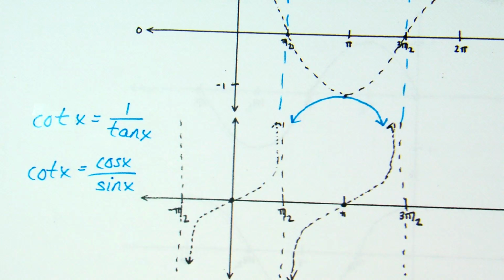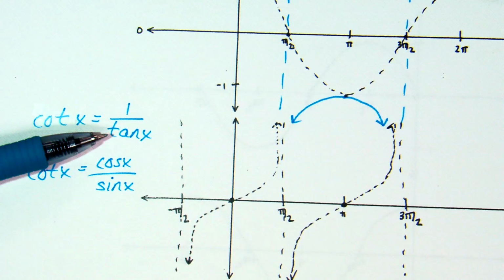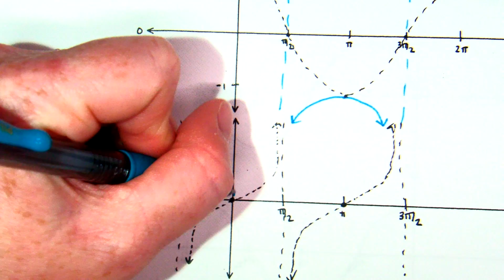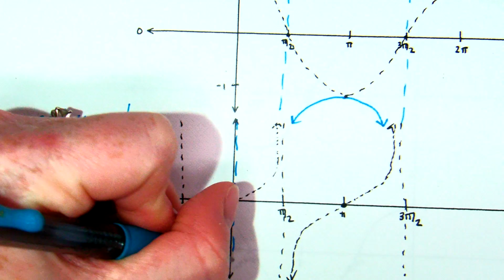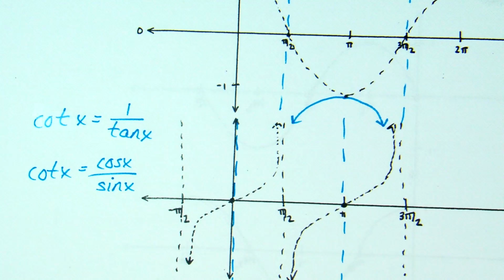If we go based on the idea that cotangent is 1 over tangent, any place that tangent was a 0 is now an asymptote. So that means we now have asymptotes at 0 and pi. That part doesn't really tell us a whole lot more than that.